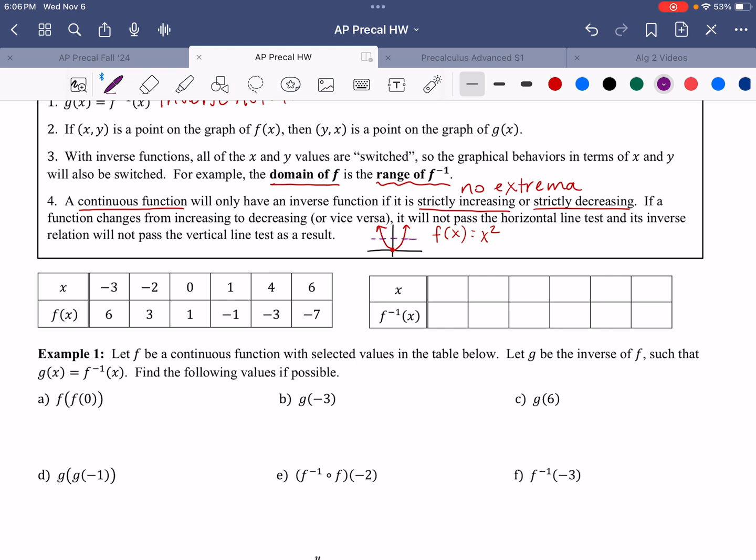So even though it definitely is a function, it passes the vertical line test, it has y values that repeat. When I switch those x and y's, it's going to have x values that then repeat. So that's why we then have to restrict the domain.